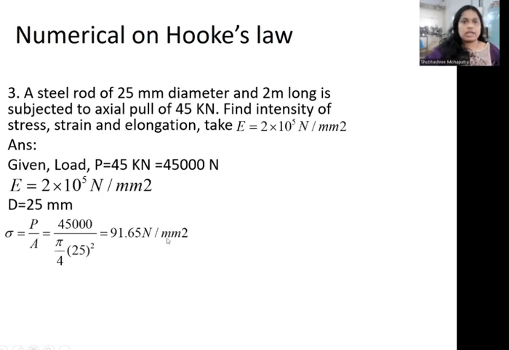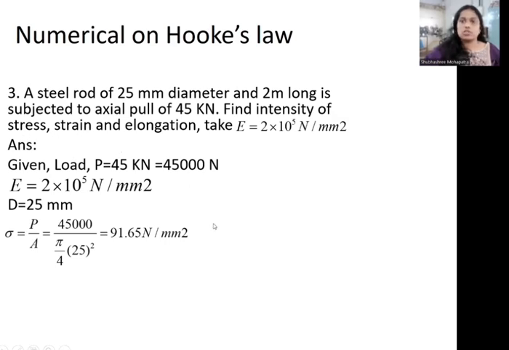According to the formula, stress is equal to load per area. Load is given 45,000, and since the diameter is given, the area formula will be pi by 4 d square, where d is 25. Put all the values, then you will get the stress value 91.65 Newton per mm square. Stress we have calculated.